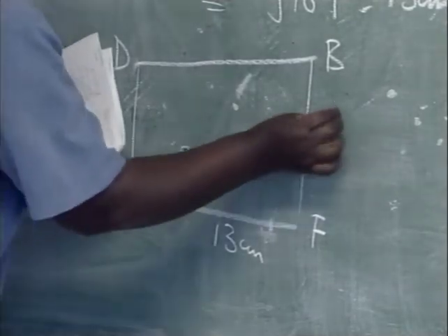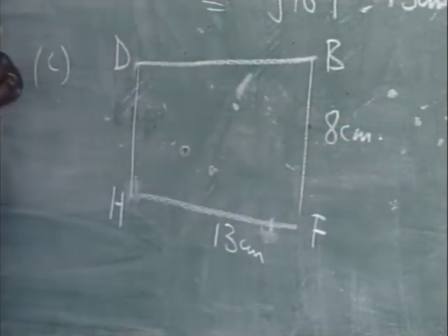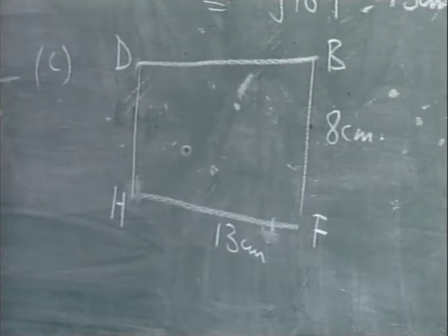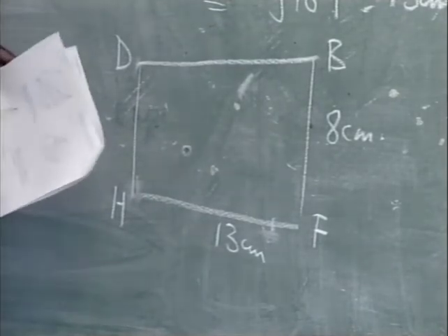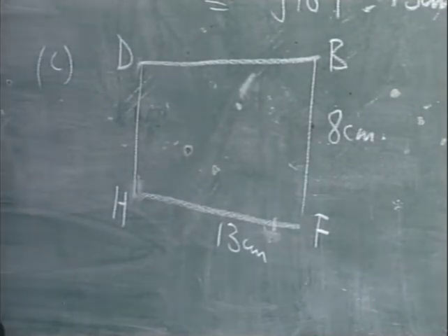FB is 8 centimeters. And FB is the same as DH, and BD is the same as FH.